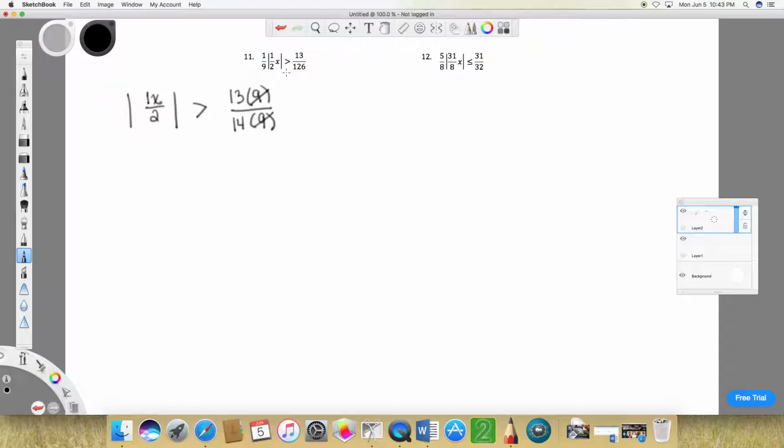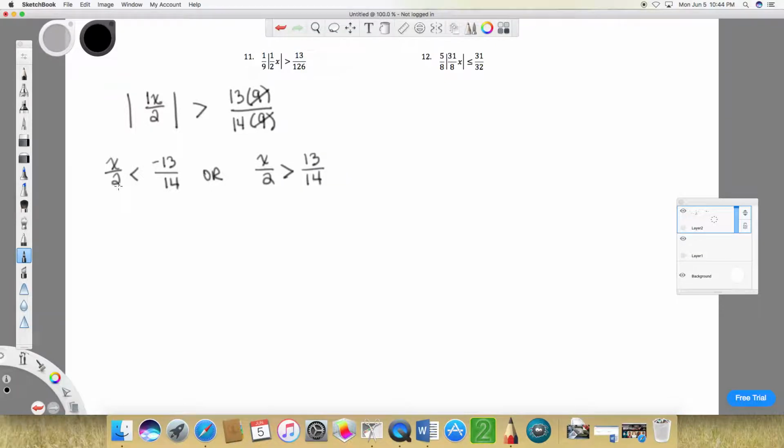All right, so the absolute value is pointing away from, the arrow is pointing away from the absolute value. So that means that the tails in my solution set are what's going to be shaded, not the center of the graph. So I will have that x over 2 is less than, I change the direction of the arrow, and I change the sign of the number, or I'm going to have this x over 2 being greater than 13 over 14.